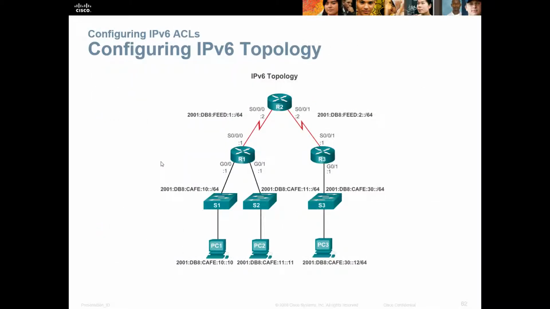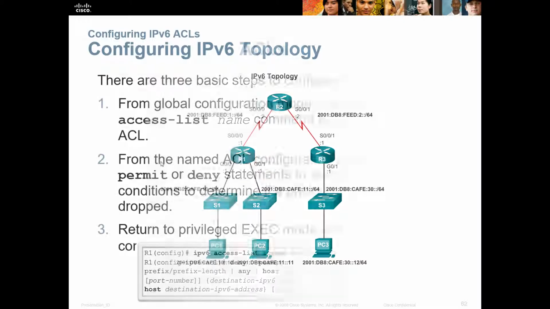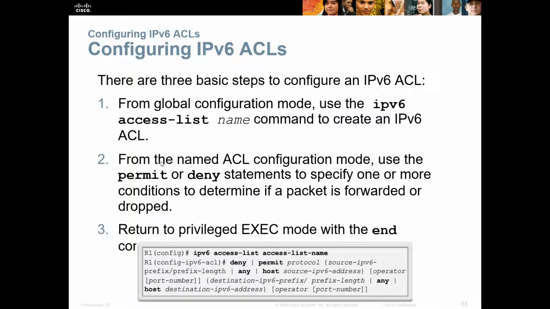So again, configuring our topology. There are 3 basic steps to configure IPv6 ACLs from global configuration mode. You'd set up the ipv6 access-list name, and you'd set up the appropriate commands underneath it, permit or deny the protocol, source and destination, and the appropriate ports and/or protocols.